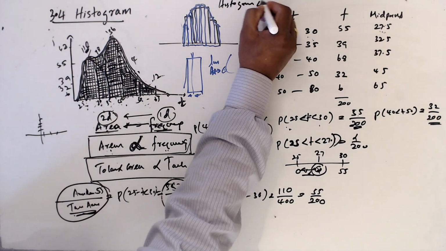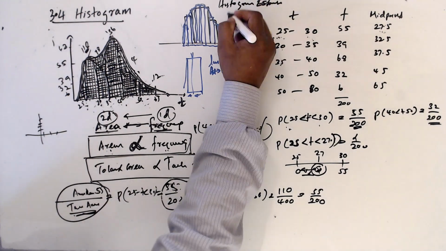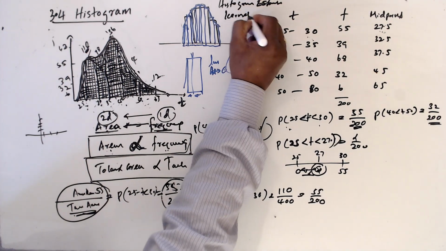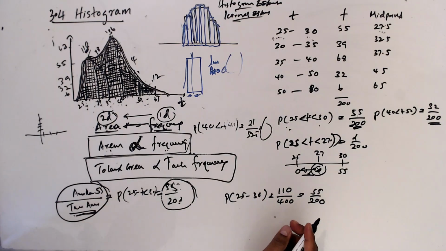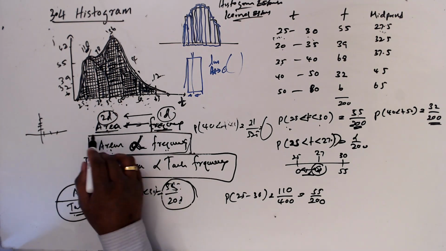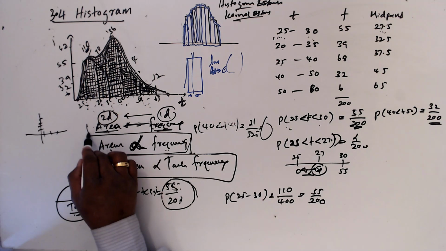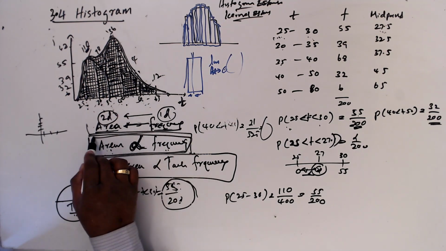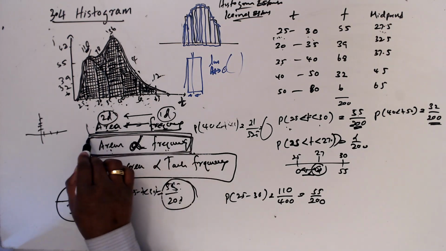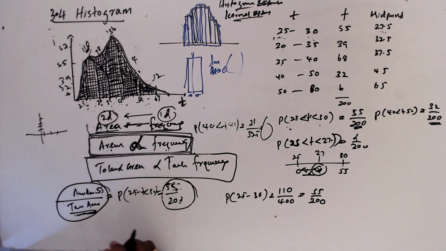This is the histogram estimator and kernel estimation, which you study at university or at master's level. For this topic, the important thing is that area is proportional to frequency. Now you know the reason behind it, otherwise it is meaningless.